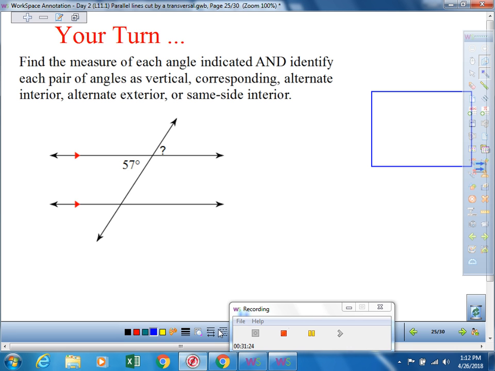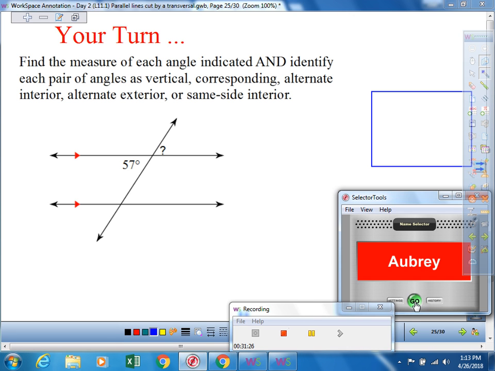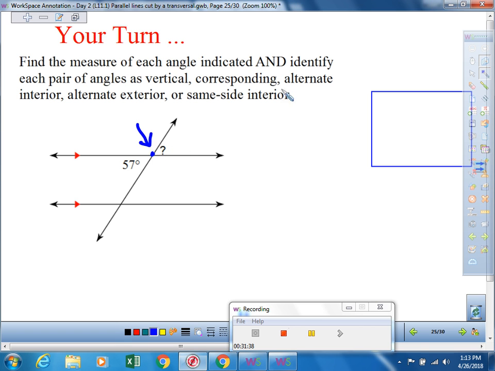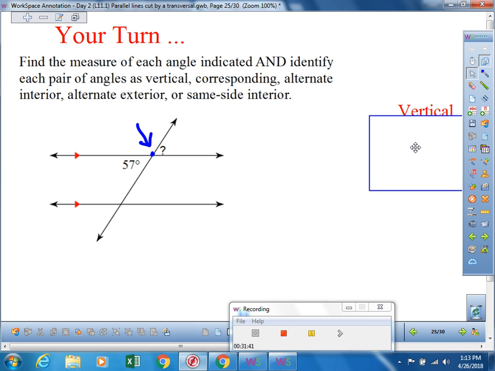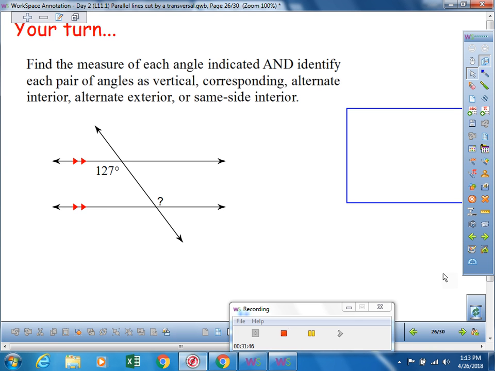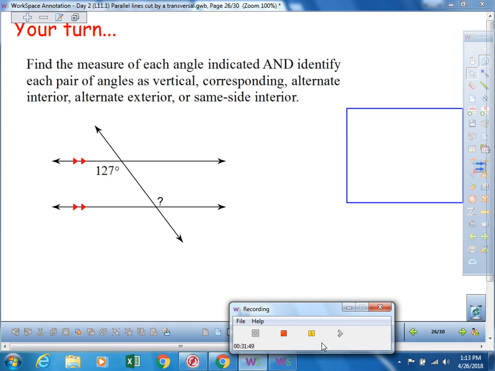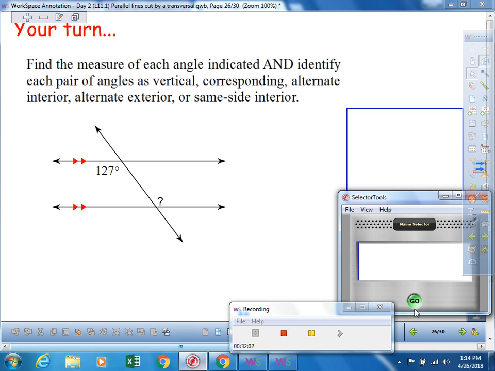All right. Kaylin. Vertical, right? One's in the interior, one's in the exterior. They share a vertex. Vertical, what's the angle measure, Kaylin? 57. They're congruent. Okay, next step. All right. Ethan.